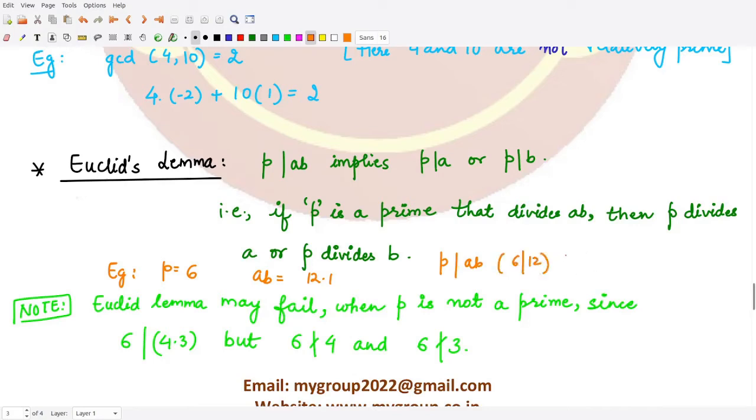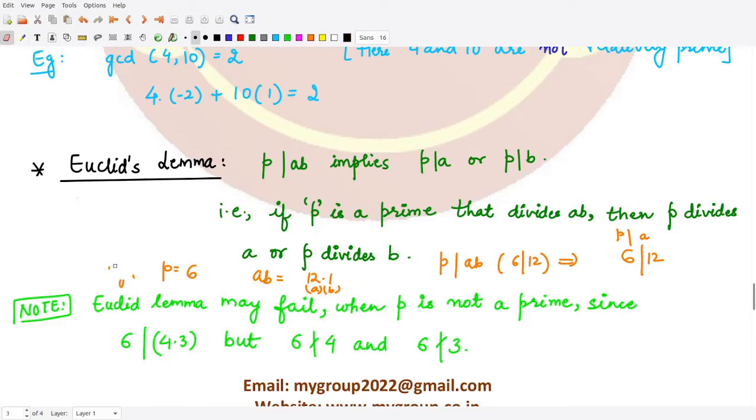So in this case this is your a, this is your b, and your p divides a, right? However, this lemma may fail whenever p is not a prime number. For example, 6, we are taking this to be not a prime number, right?